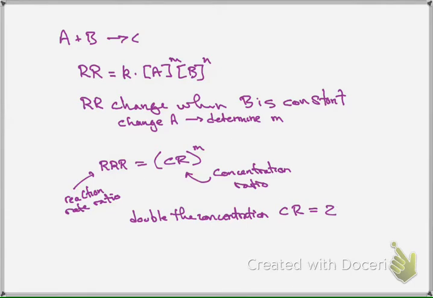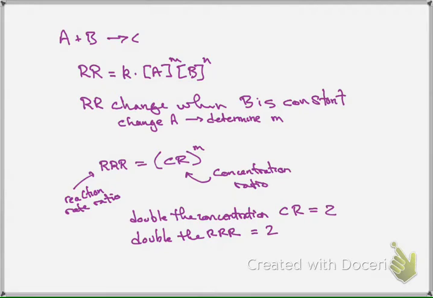If the doubling of the concentration ratio doubled the reaction rate ratio, right? That means it's equal to 2. So remember we had all those tables of data and we looked at how one would change and then the other would change, right?